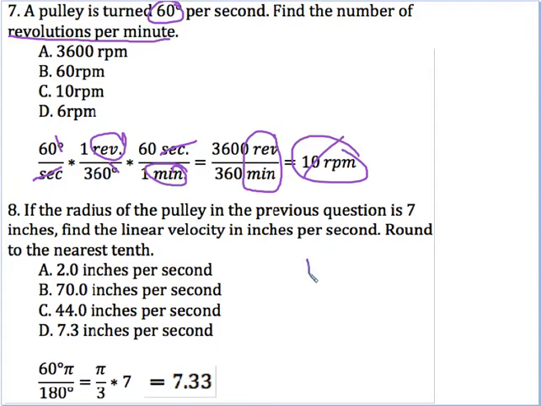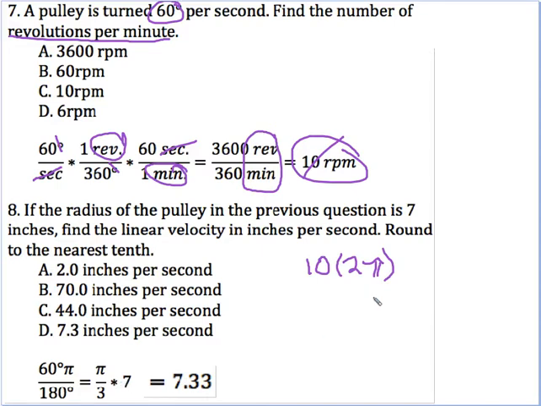Or you can take the 10 revolutions and multiply them by 2 pi, because there are 2 pi radians in each revolution. Either way, you multiply that all out, and this will actually simplify to pi over 3. And then you times it by 7.